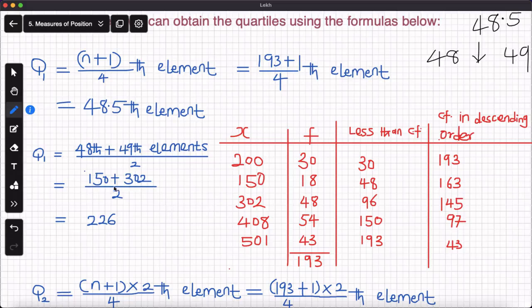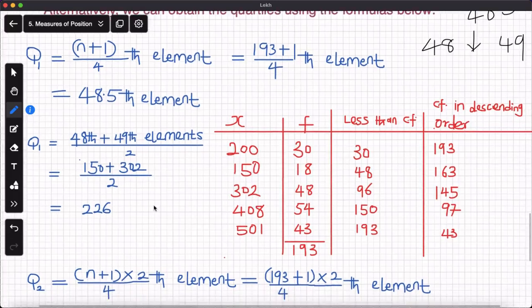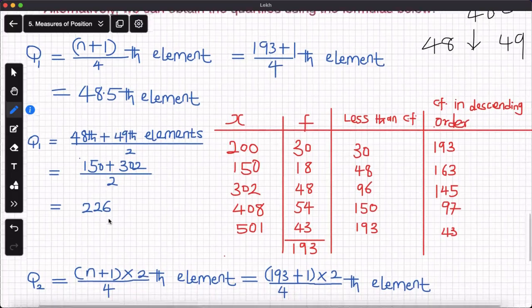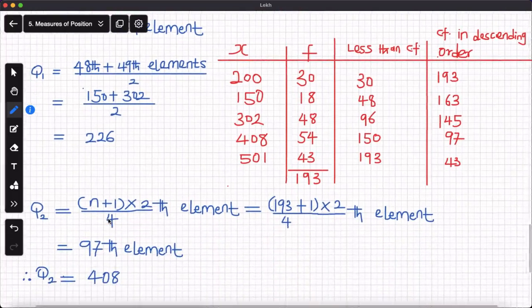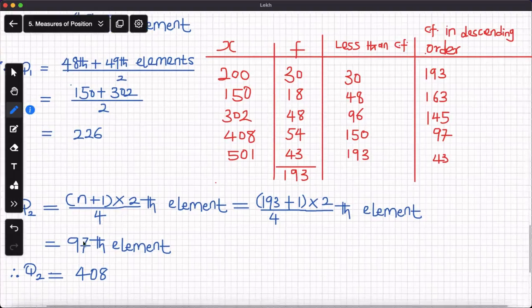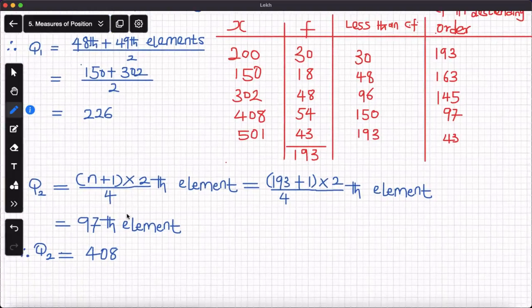The 48th element happens to be 150, the 49th element happens to be 302. You know that from here. Then you divide them by 2, that will give you 226.